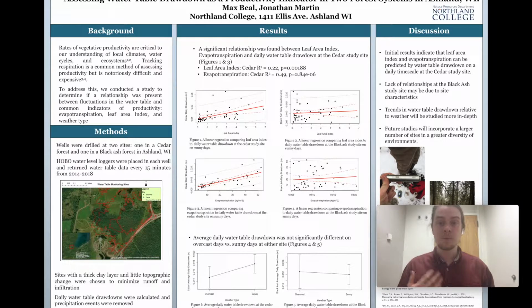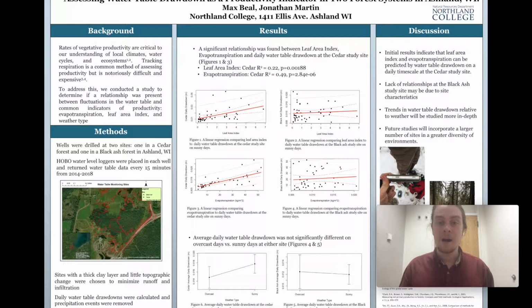And so what we did was we took these water table data and we synthesized them into daily water table drawdowns. So water table at the start of the day, the end of the day, difference between the two. And then we removed precipitation so we wouldn't have weirdly large increases in water table.